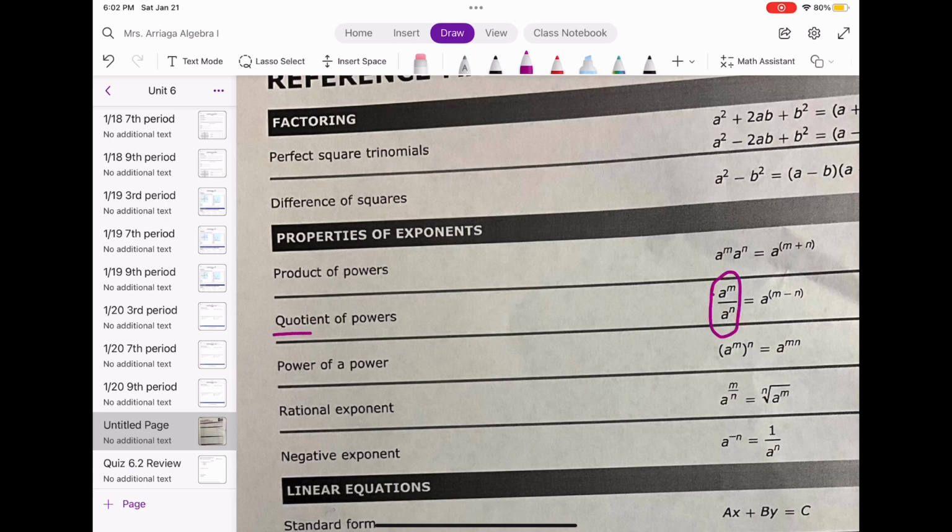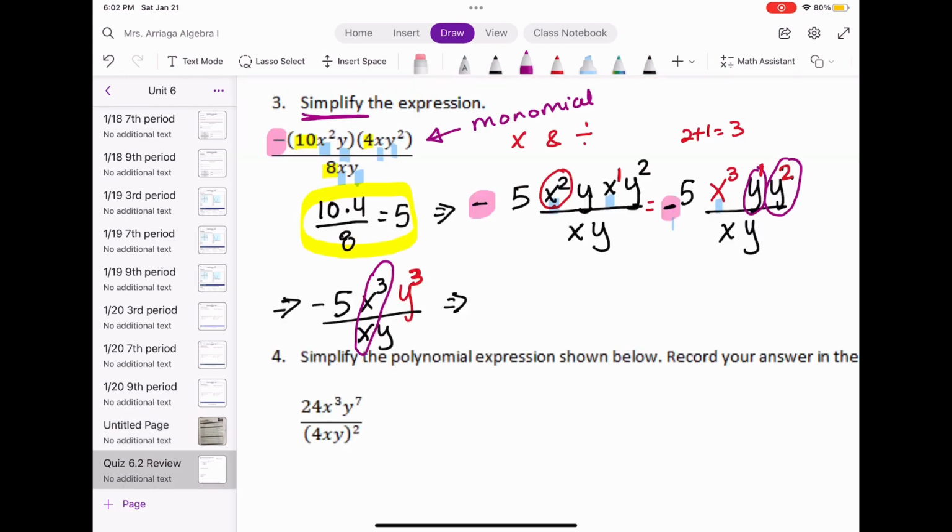When we divide the same base, we keep the same base and we subtract the exponents. We're going to keep that x. 3 minus 1 equals 2. So we're going to write a 2. Remember, there's a 1 on that single x on the bottom. Everything else, we keep the same.